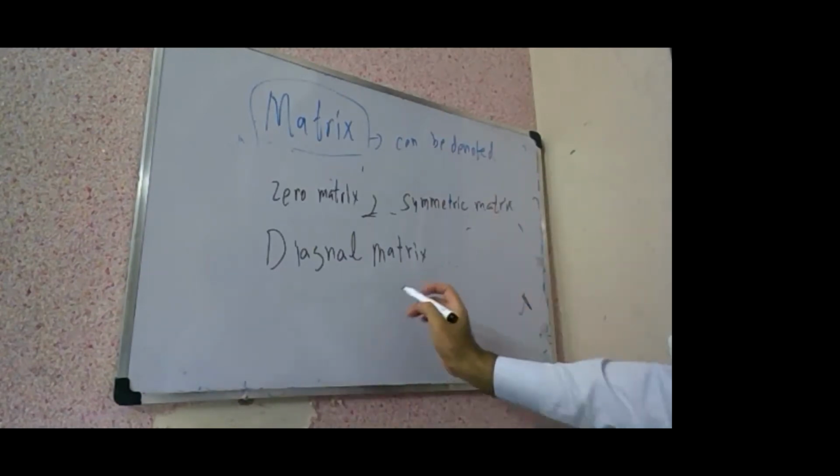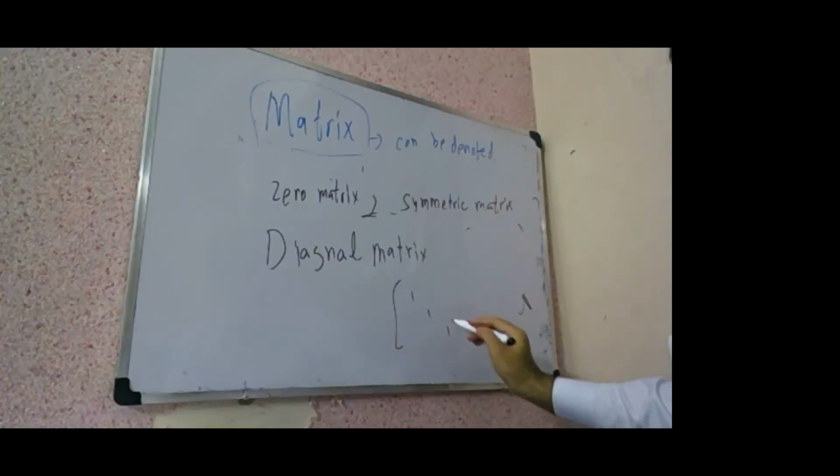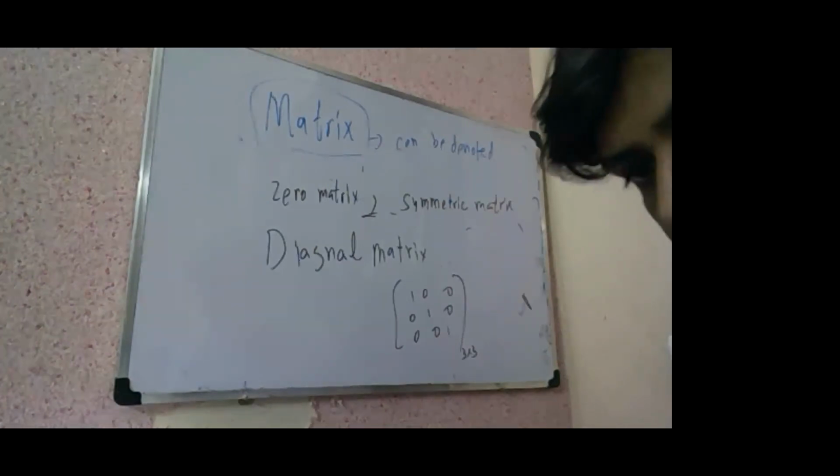Similarly, if all the diagonal numbers are 1, we have 1, 1, 1, and 0 elsewhere. Mostly, you should write the rows and columns here, but I'm not writing them because it's understood, since I have to make matrices again and again.